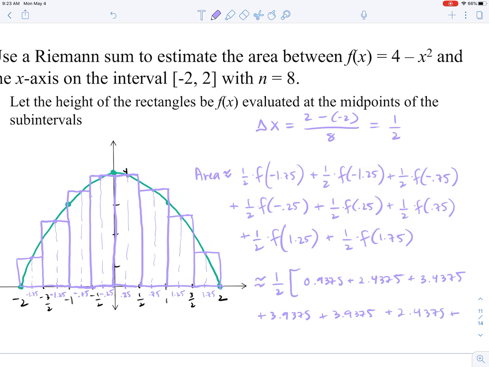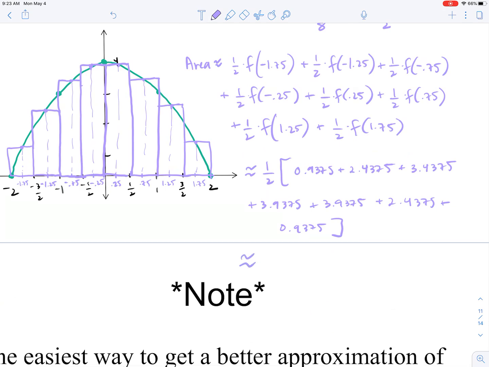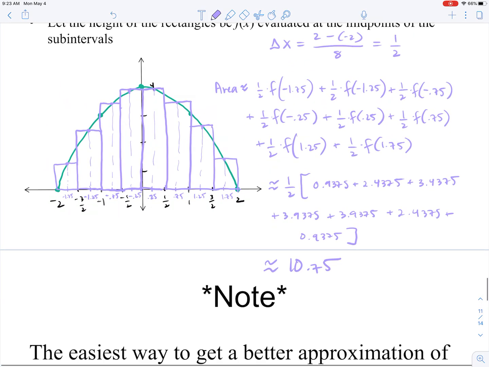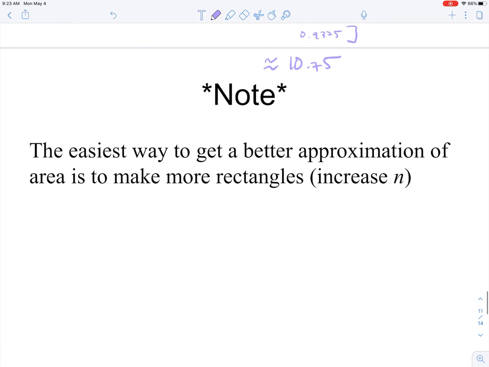So now we're going into quadrant 1, those rectangles in quadrant 1, plus 3.4375 plus 2.4375 plus 0.9375. Those are all the heights. And we get approximately 10.75 as the area. So it's an approximation of the area between 4 minus x squared and the x-axis.